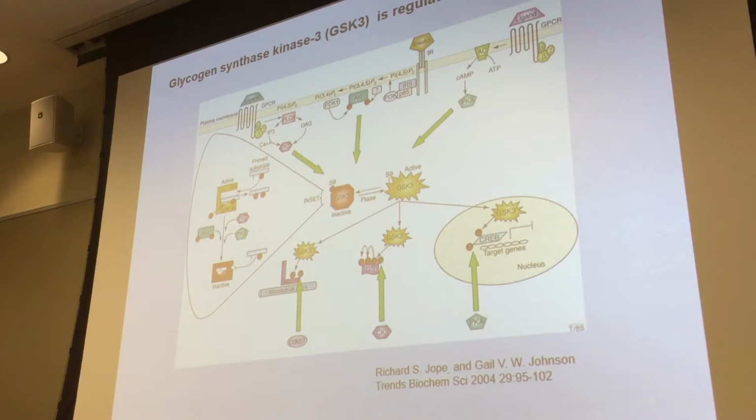So we can actually get this activated through a growth factor kind of receptor. It simply has to now allow these lipids to become phosphorylated so that they can bring the AKT to the membrane.